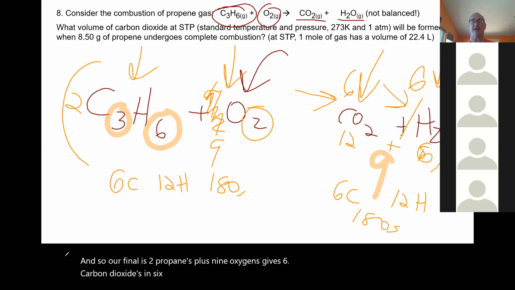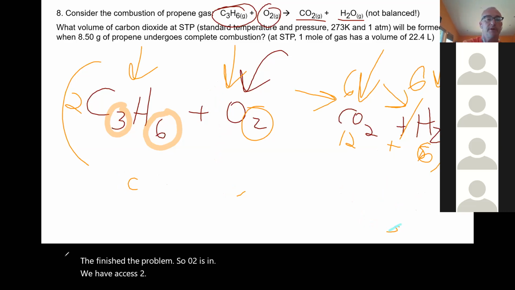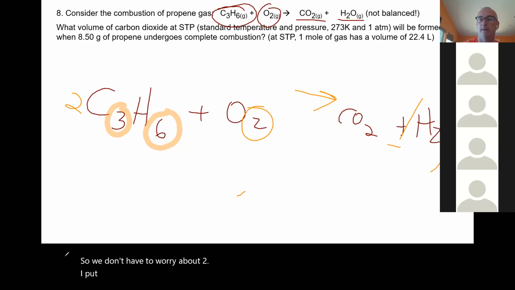That's our balanced reaction. So to finish the problem, we have excess O2, so we don't have to worry about O2, okay? Let me put my numbers in here. So 9, 6, 6.